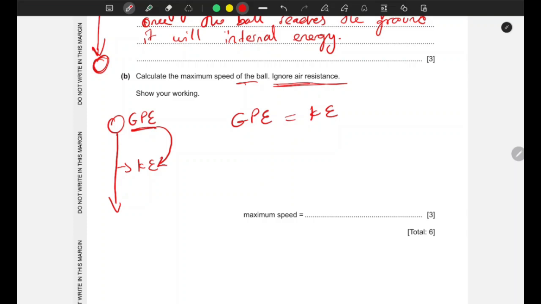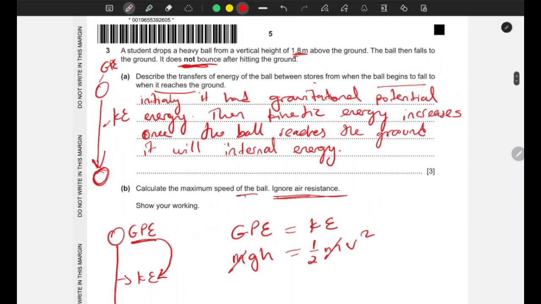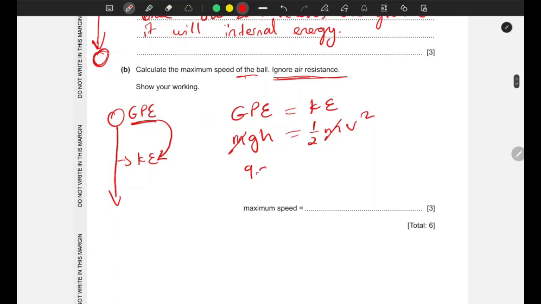So formula for gravitational potential energy, that's mgh, and formula for kinetic energy, that's half mv squared. So the m's could cancel each other. As we know, g is 9.8, and I believe we have the height, yes. So it's 9.8, the height is 1.8, equals half of v squared.